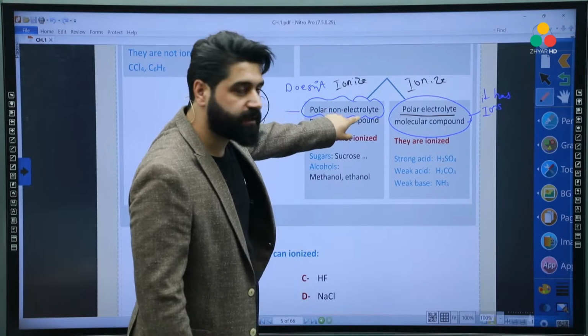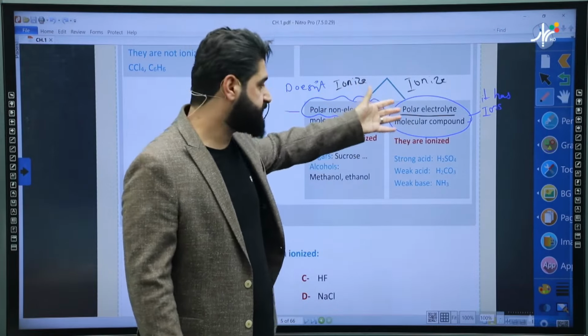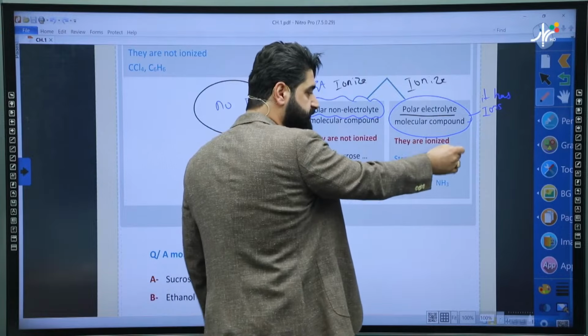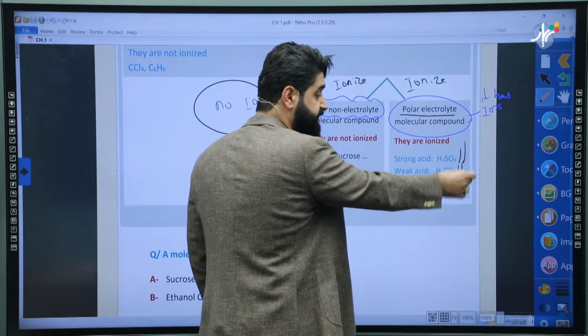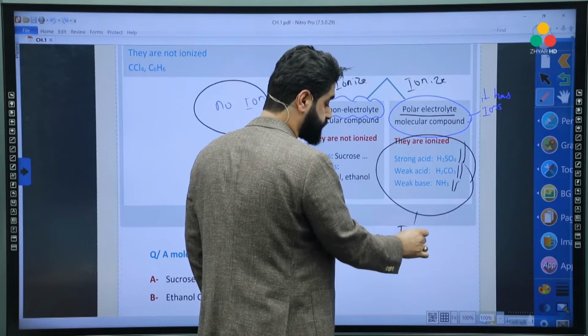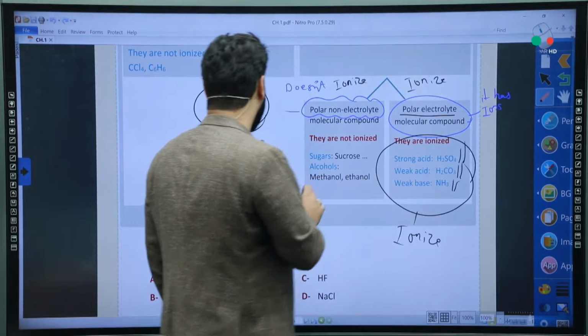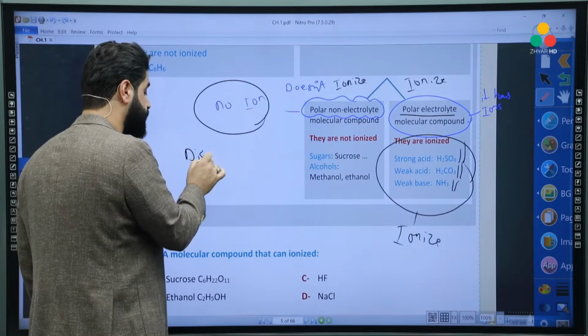That means strong acids, weak acids, and weak bases ionize when we put them in water. But here, what will happen? They become dissolved molecules.